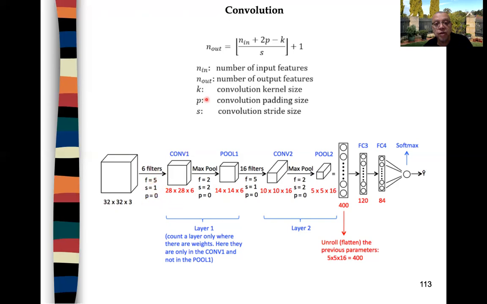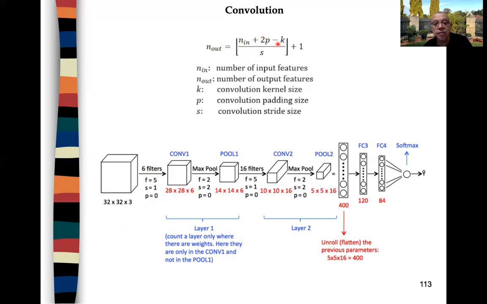So the formula to see what would be the output here is first, because you used 6 filters, you're going to have 6 channels, and then the 28 you get by n plus 2p, which is the padding, so no padding.